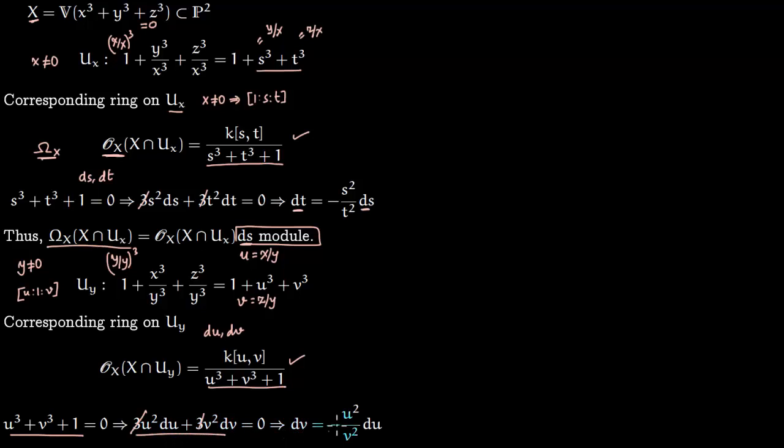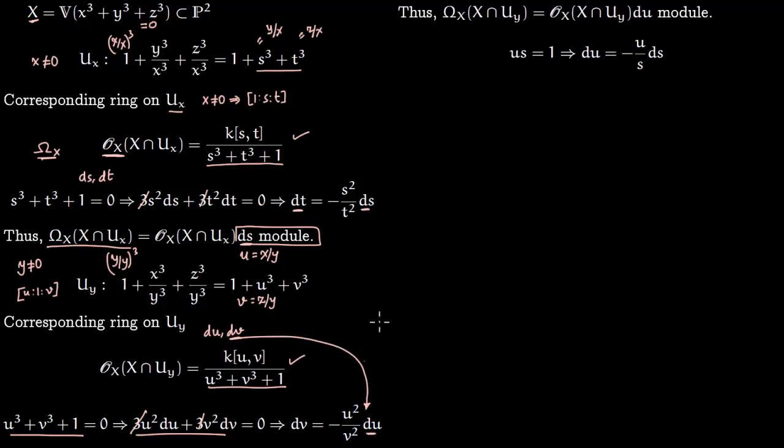So you get dv is minus u squared by v squared du. So again, this is generated by a single element, a du module, because dv you can express in terms of du. So again, this Omega_X on U_y is a du module, just one dimensional.